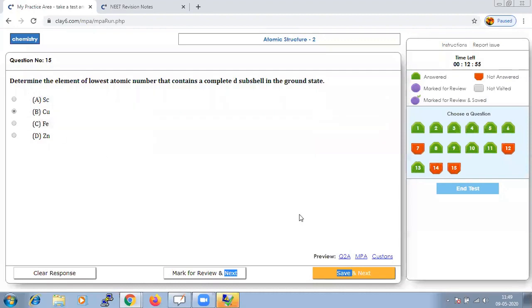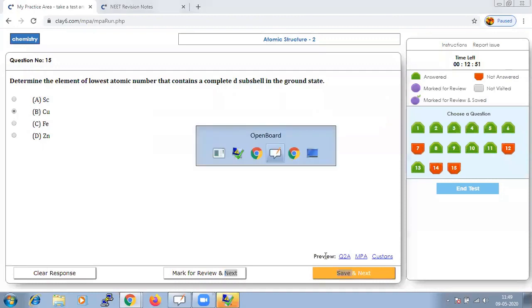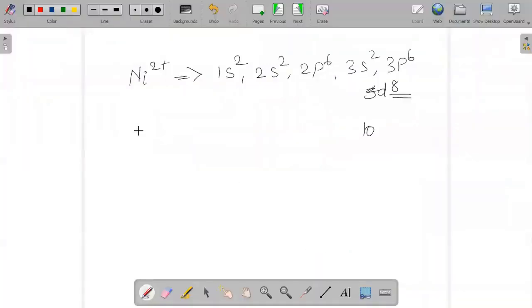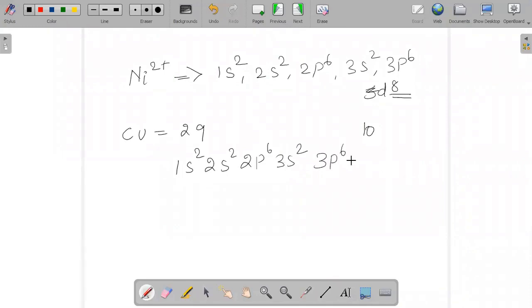How do we say that? The atomic number of copper is 29 and the electronic configuration is 1s2, 2s2, 2p6, 3s2, 3p6, 4s1 and 3d10.